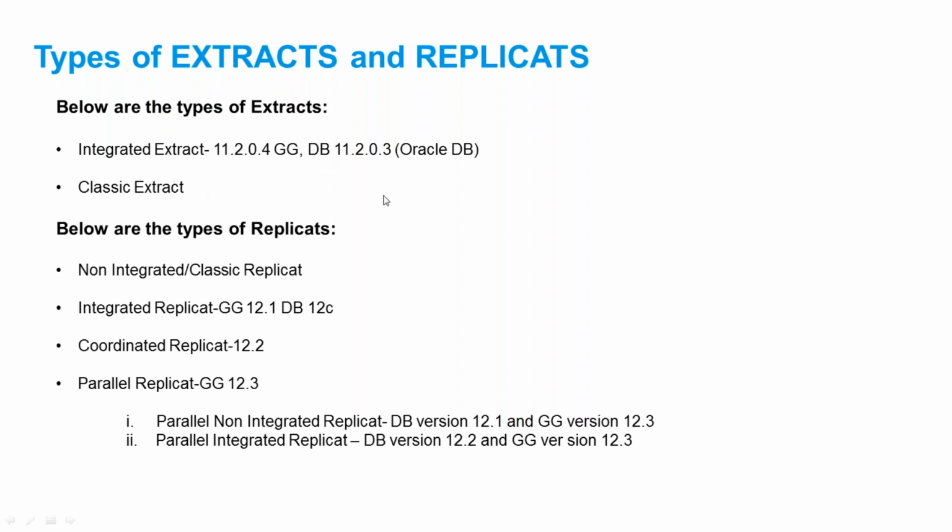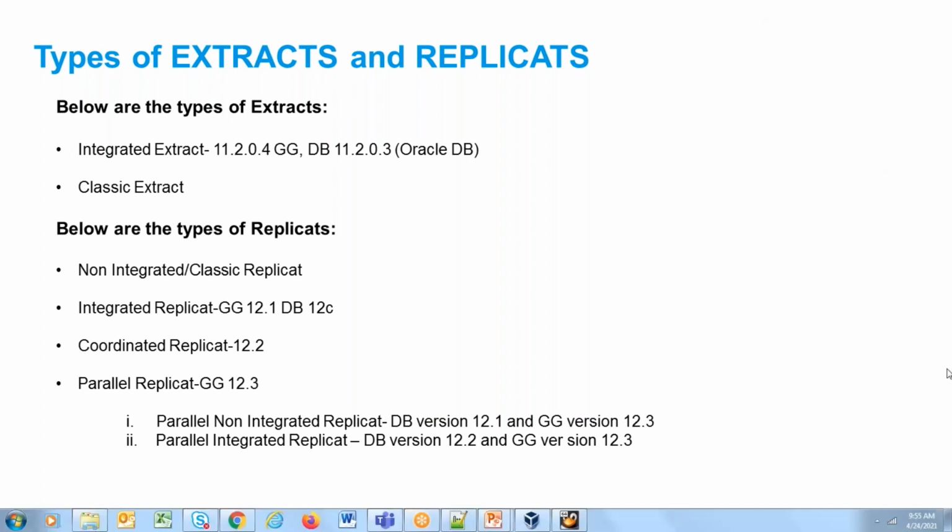If you have anything less than this, you have to go with classic. Classic is still available, but with multi-tenant architecture you can only use integrated extract. And with the introduction of the 20c database, you can use integrated extract only. That was the release.